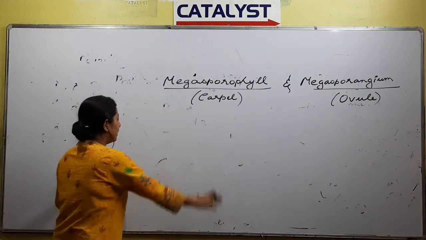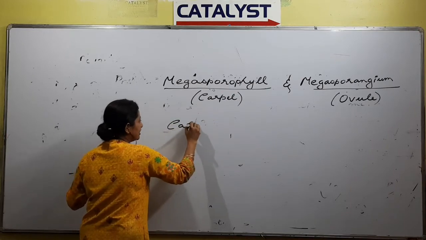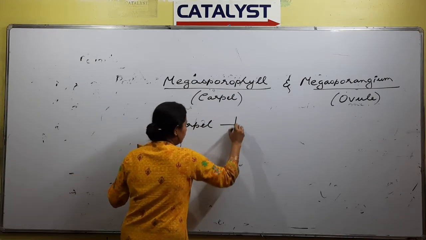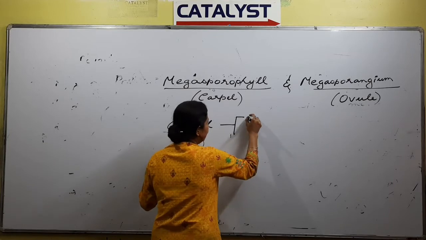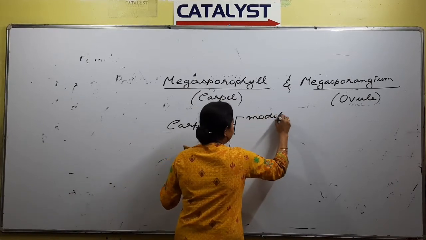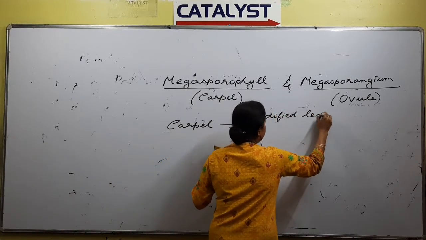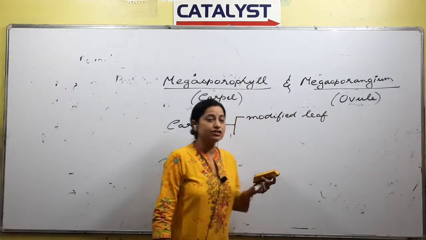Now talking about a carpel, what we know is that a carpel is nothing but a modified leaf. I think in the last class we understood the meaning of the word modified.